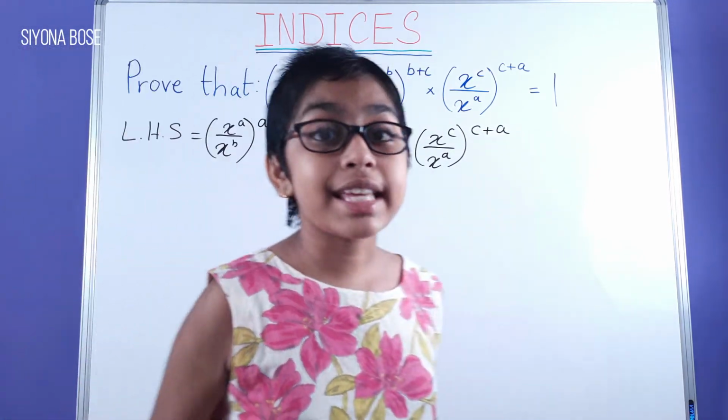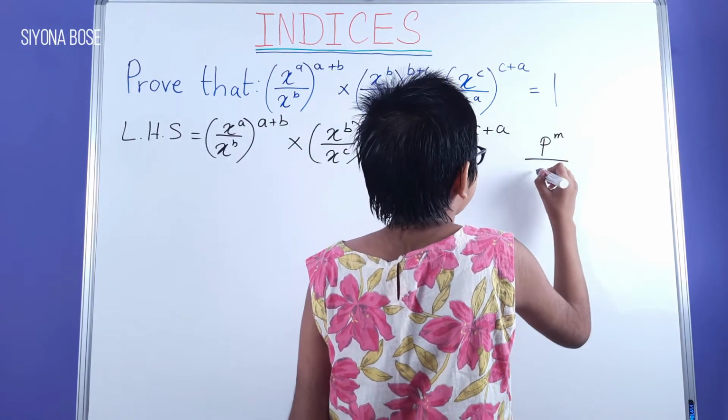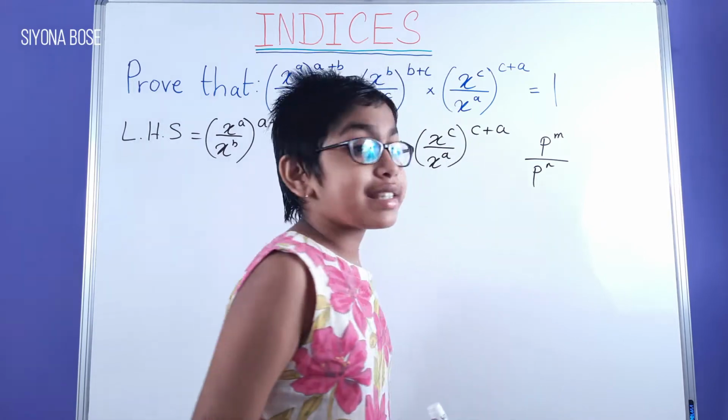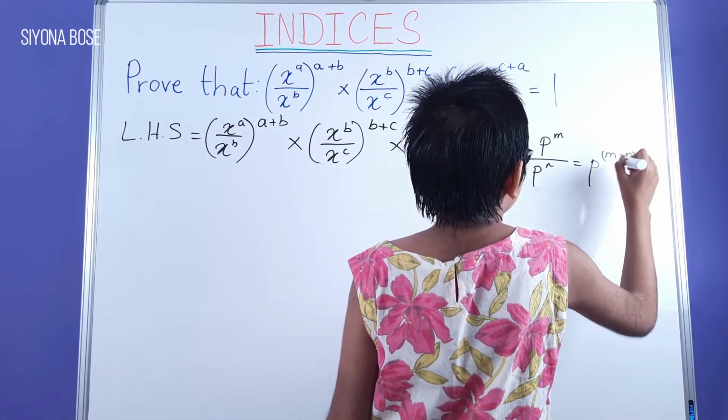Firstly, we will use the identity that if it's like p to the power of m by p to the power of n, it is equal to p to the power of m minus n.